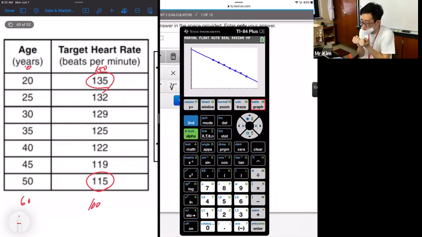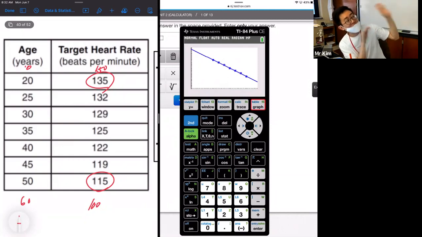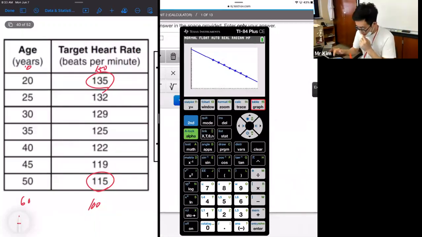They're very close to one another, and they're not deviating away so much. So this is really a perfect linear relationship. In the real world, that is not really bound to happen, but this is just an example, okay? So from this, we can conclude that there is a strong negative correlation between age and the target heart rate. That's what you will say as part of a conclusion, okay?